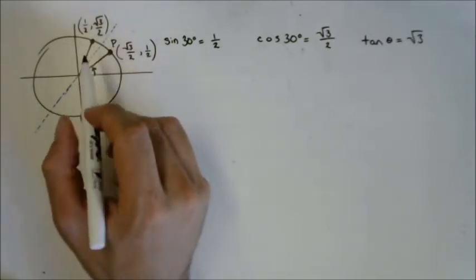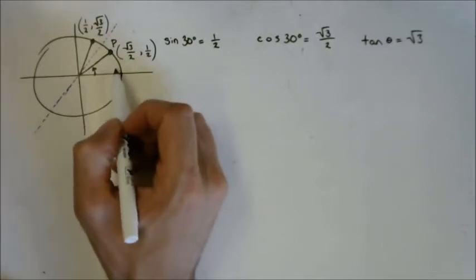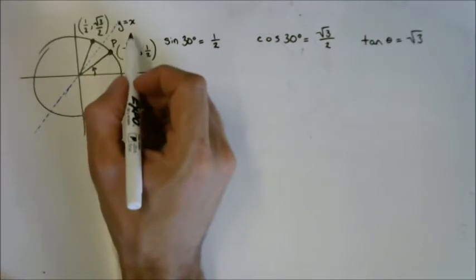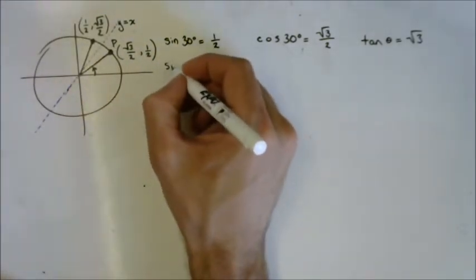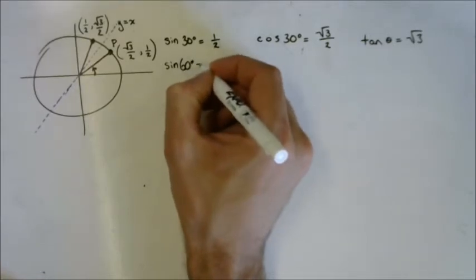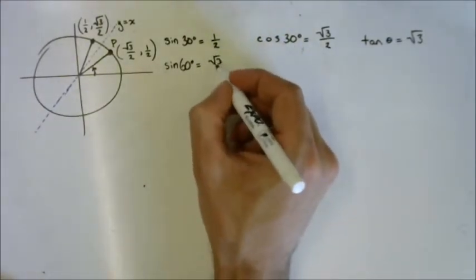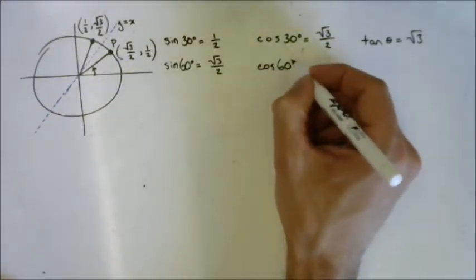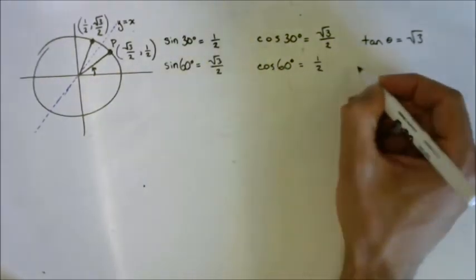And then we discovered that for a 60-degree triangle, really all we're doing is reflecting this triangle over the line y equals x, which is just going to make x and y swap positions. So here, the sine of 60 degrees is equal to the cosine of 30 degrees, which is radical 3/2, and the cosine of 60 degrees is equal to the sine of 30 degrees, which is 1/2.